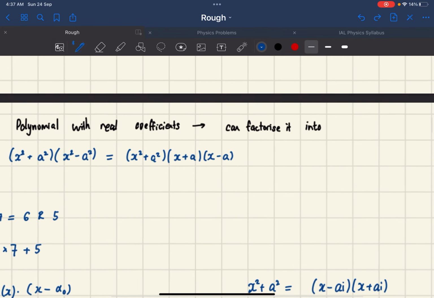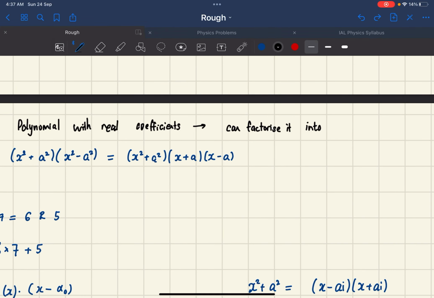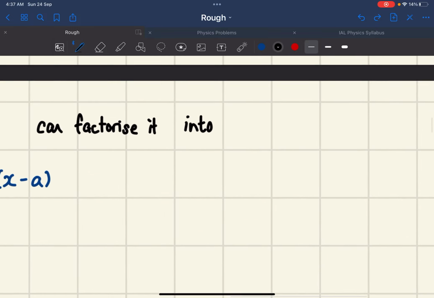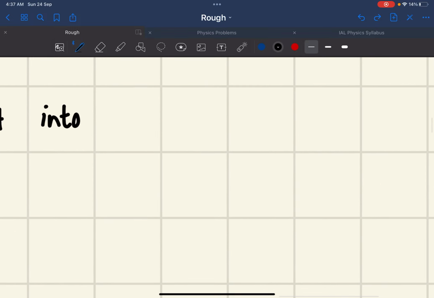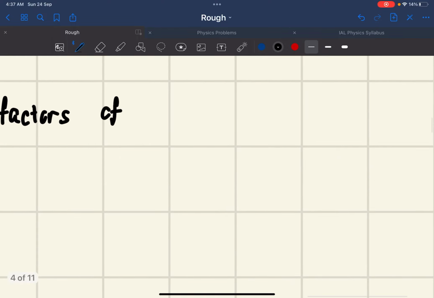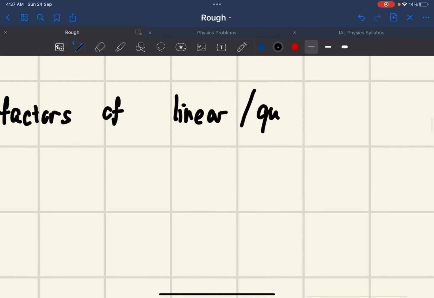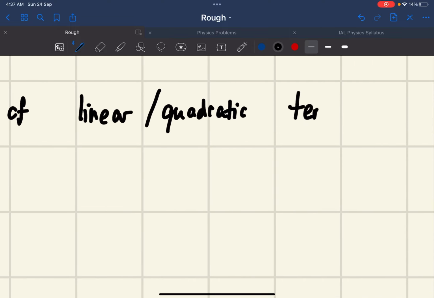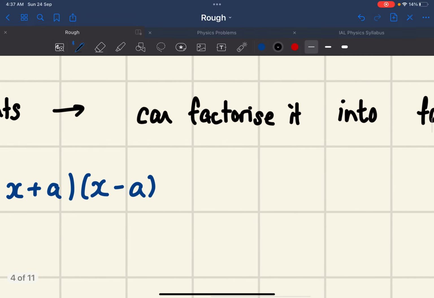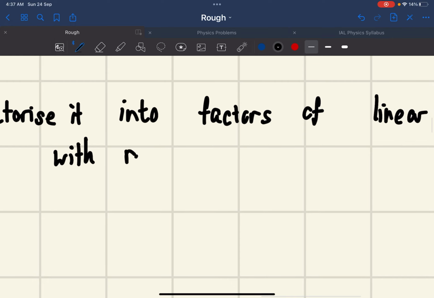So now the theorem becomes: a polynomial with real coefficients can be factorized into factors of linear and quadratic terms with real coefficients.